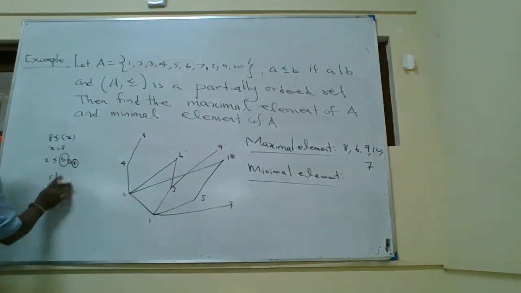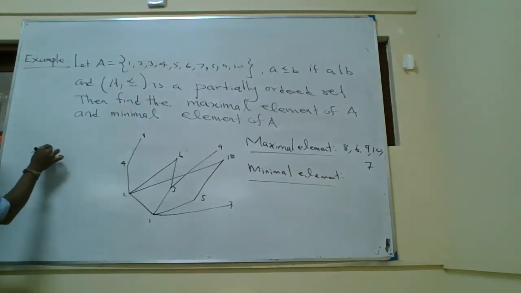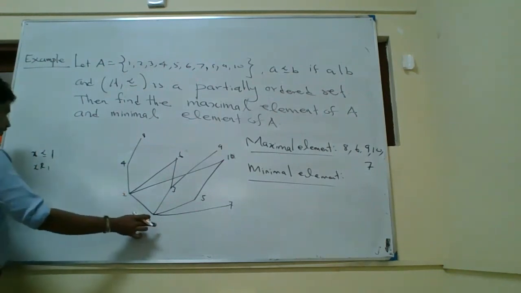The minimum element here is 1 because you have the relation x divides b. So you assume that the minimum element is 1. Okay, x precedes 1? Is it okay?